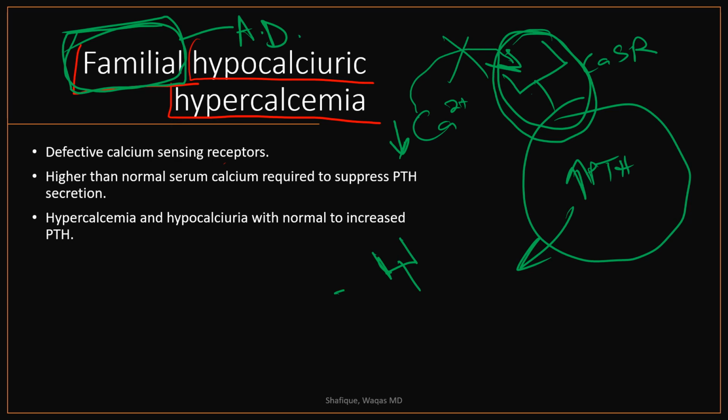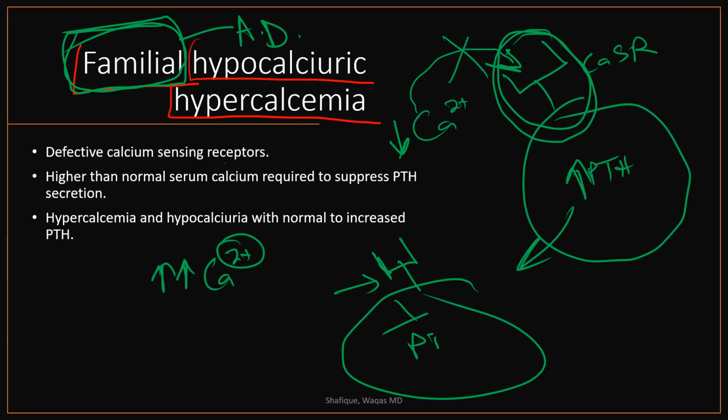So when this receptor becomes mutated, it requires increased levels of calcium to inhibit the PTH. So if normally you required 10 milliequivalents of calcium to inhibit PTH, now you'll require 20 or 30 milliequivalents to inhibit the parathyroid hormone secretion.